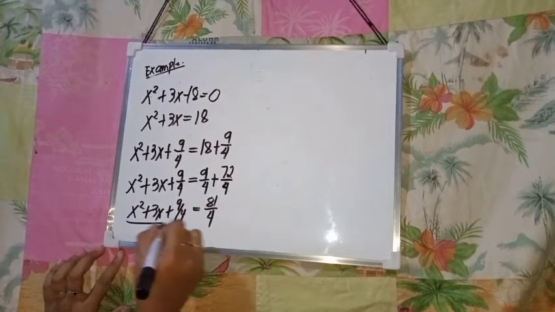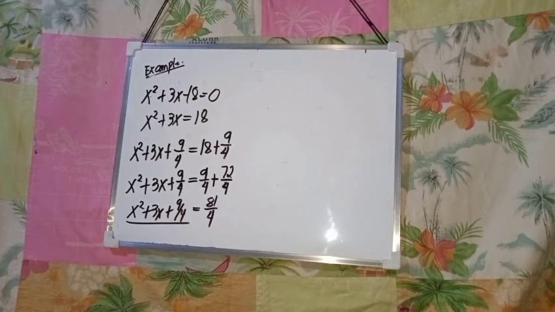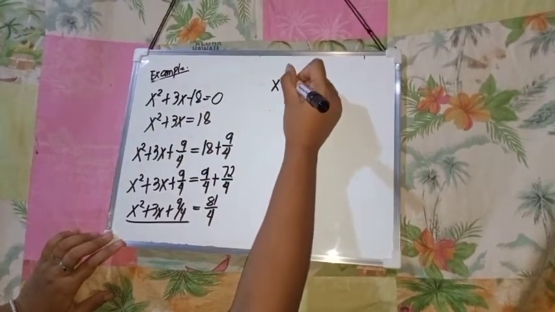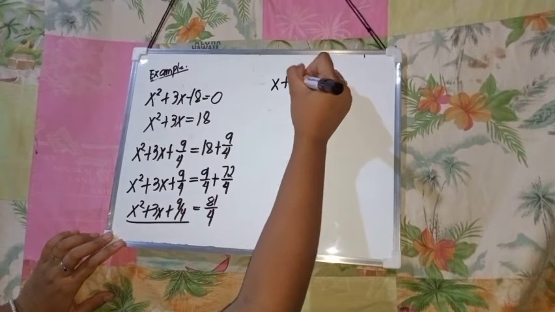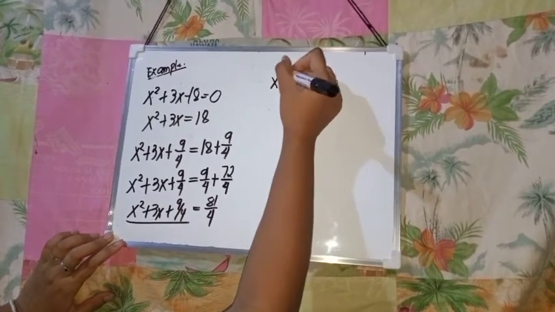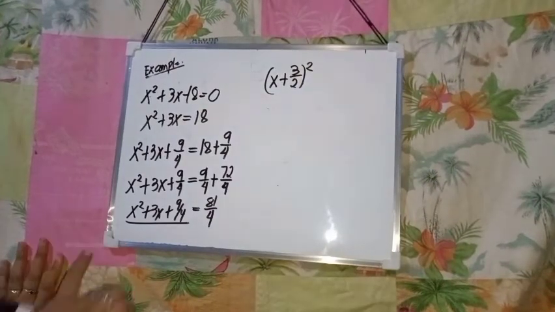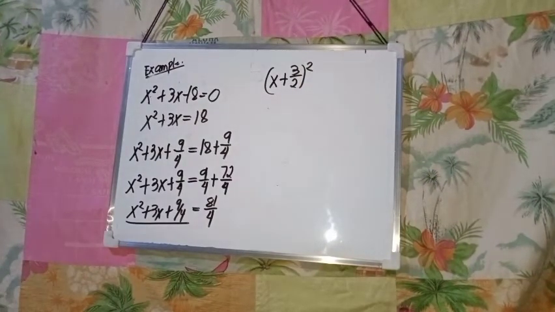Since it is already a perfect square trinomial, we can now have the binomial. So, x squared plus 3x plus 9 over 4 is equal to x plus 3/2 squared. So, the binomial of the perfect square trinomial x squared plus 3x plus 9 over 4 is x plus 3/2.